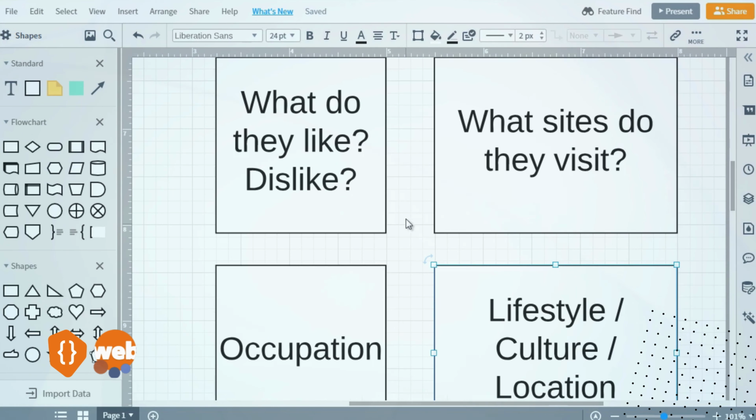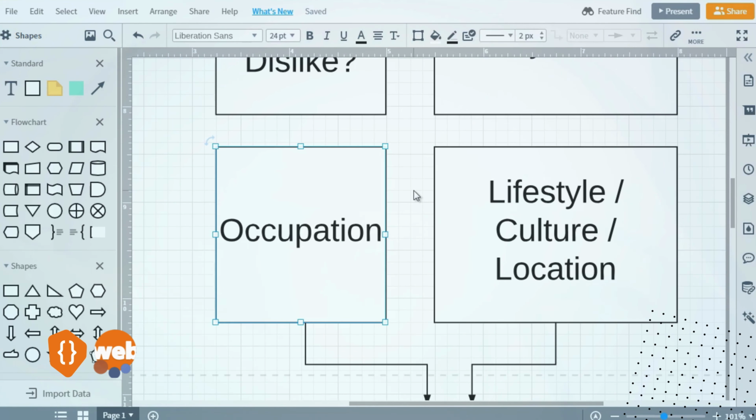So what sites do they visit? Do they watch TV? What kind of television shows do they like? What kind of places do they go to? What kind of cars do they drive? What are things that they like to do? What is their occupation, like I said?